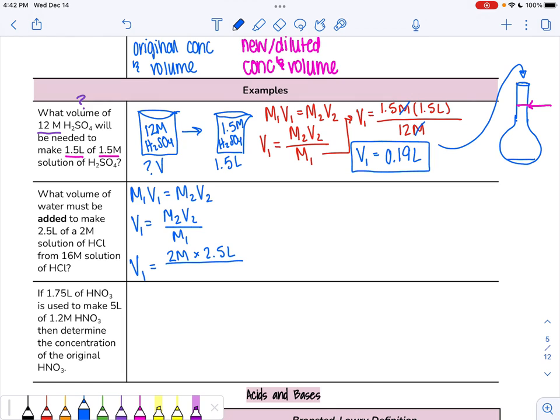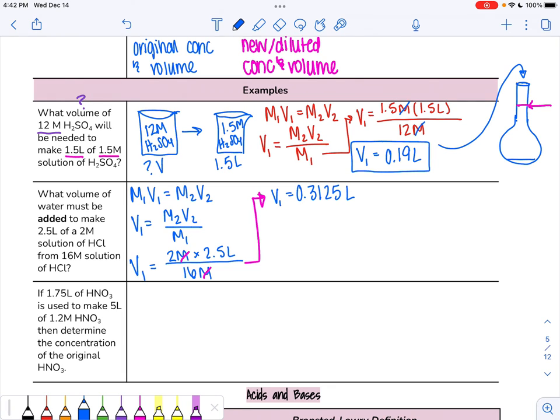V1 is equal to 2 molar times 2.5 liters divided by my original concentration, 16 molar. Units cancel. And when I plug this into my calculator, I end up with a volume of 0.3125 liters. So what is this actually representing?